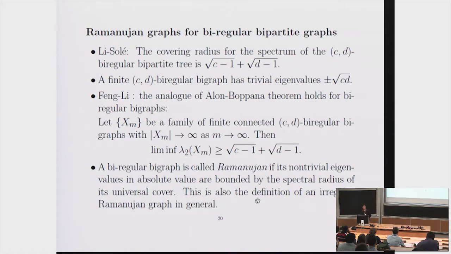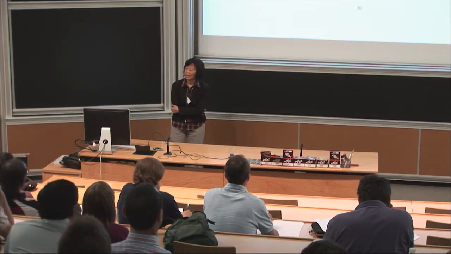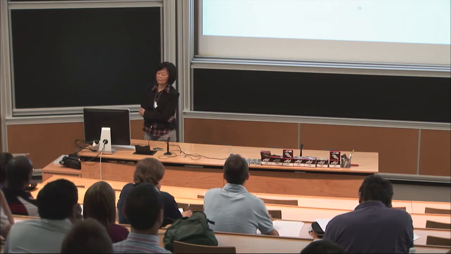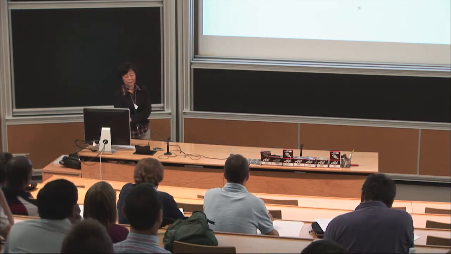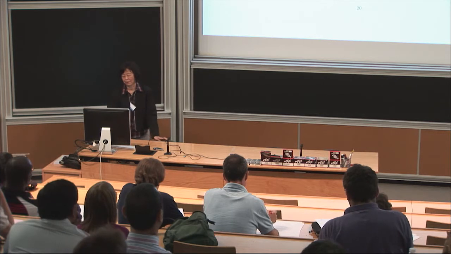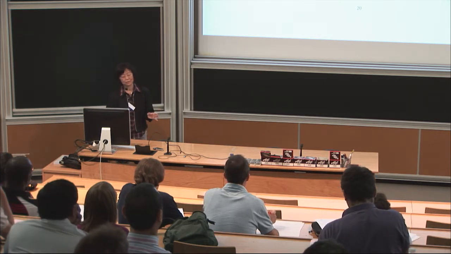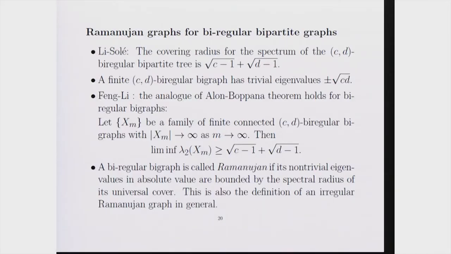And some combinatorialists like Victorson and company also use this to define Ramanujan graphs for any irregular graph: the non-trivial eigenvalues in absolute value are bounded by the covering radius of its universal cover.